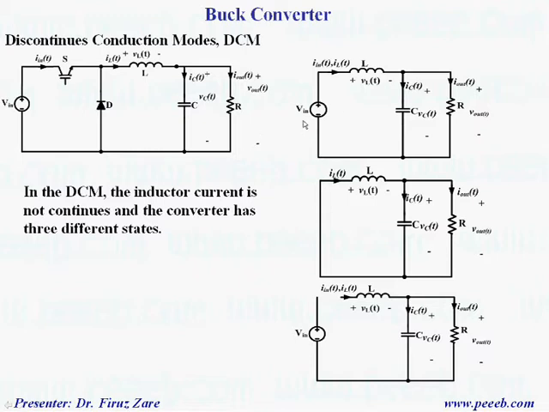When the switch is off, because the current through the inductor is not 0, the diode conducts, and we have this circuit. Because the system operates in discontinuous conduction mode, before the next switching cycle the current through the inductor is 0, then we have this switching state and this type of circuit diagram.